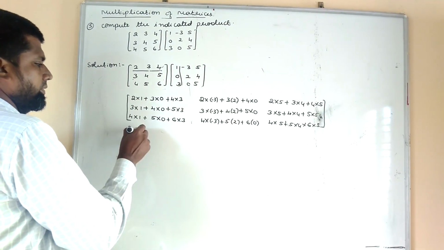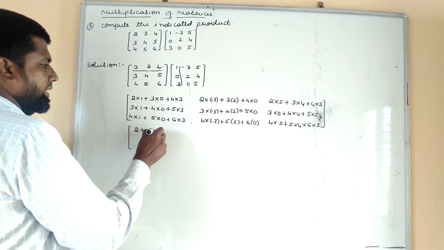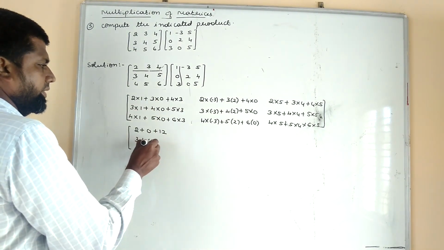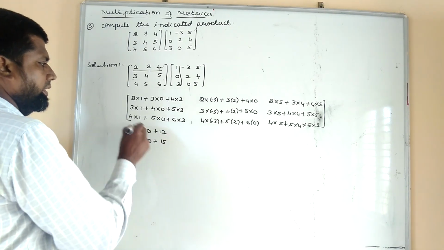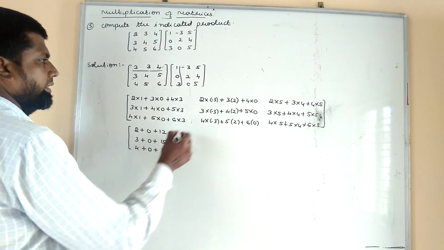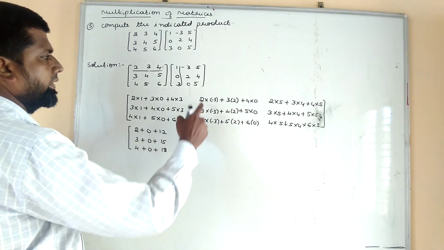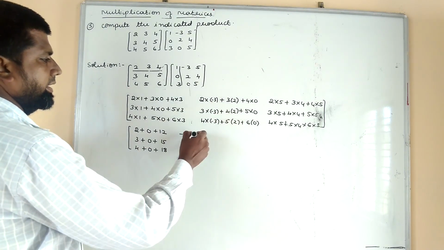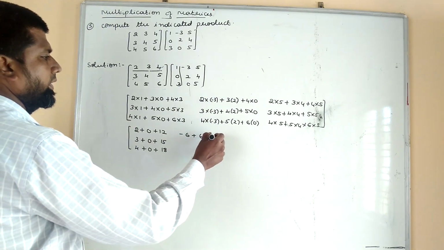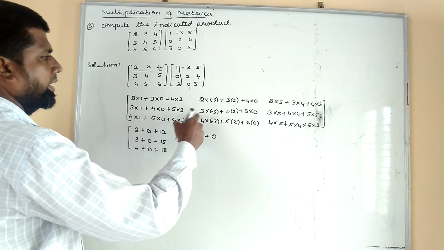Two into 1 is 2 plus 0 plus 12. Then 3 into 1 is 3 plus 0 plus 15. 4 plus 0 plus 18. Minus 6. 2 into minus 3 is minus 6 plus 6 plus 0. 4 into 0 is 0.